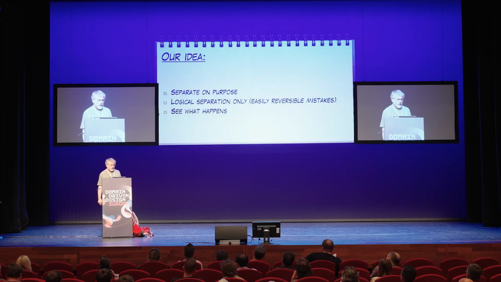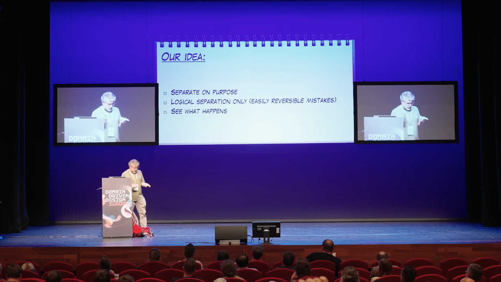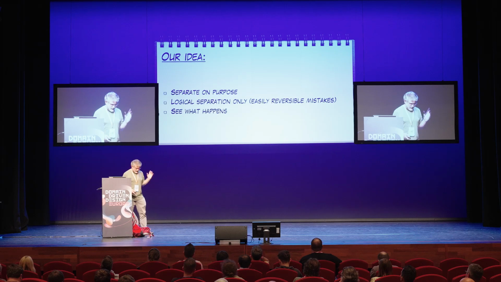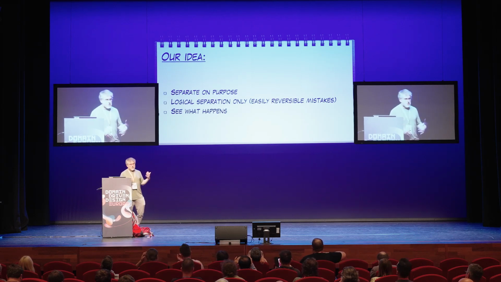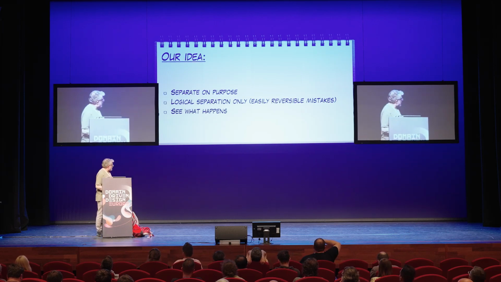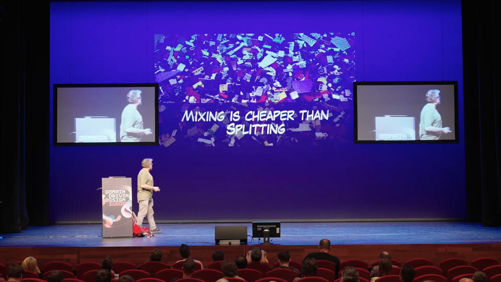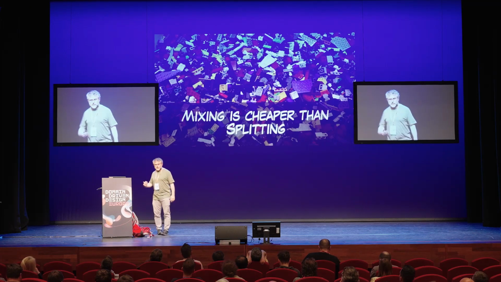The second part of this purpose was trying to separate the bounded contexts in a very lightweight way. So not going into microservices or anything like this, that would be suicidal. But to try to have a strong logical separation, basically on this premise, like mixing is cheaper than splitting.